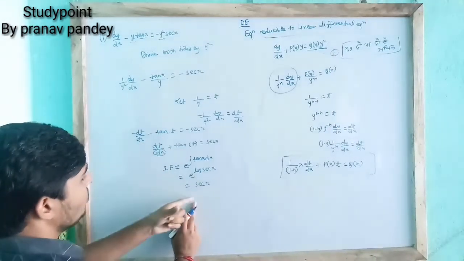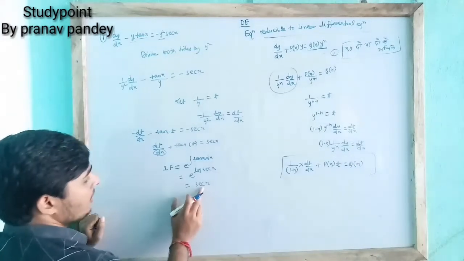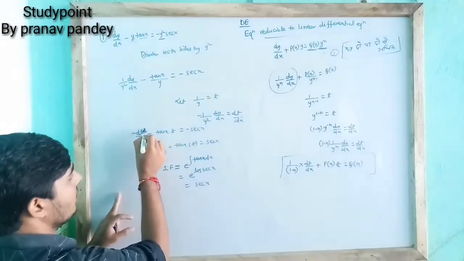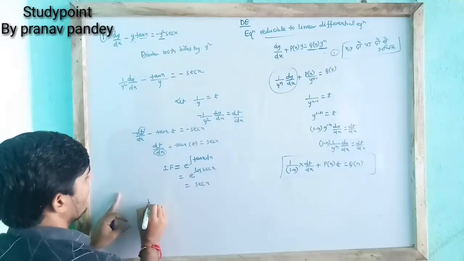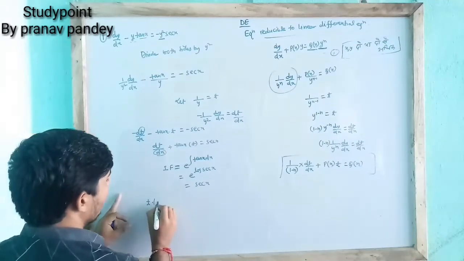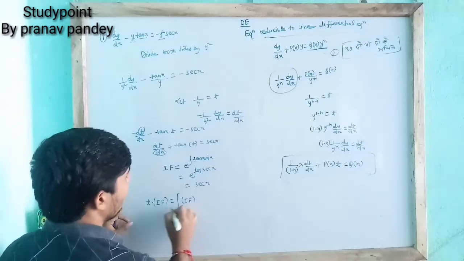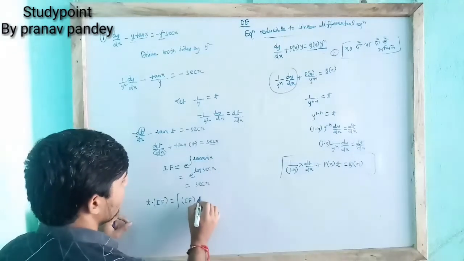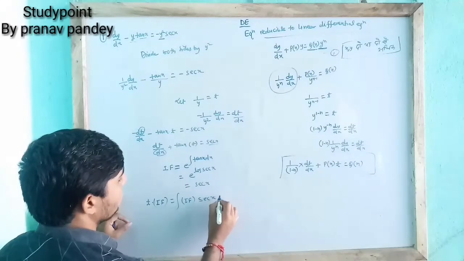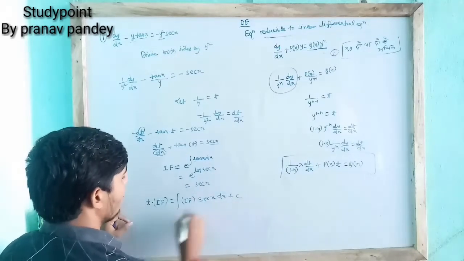Now we will use the formula. The function of the dependent variable is t, so we can write t into the integrating factor is equal to the integral of the integrating factor into Q(x). Q(x) is sec x, dx plus arbitrary constant c.